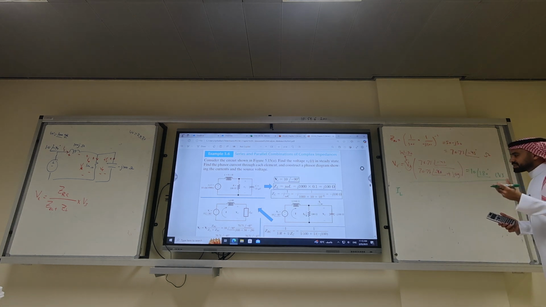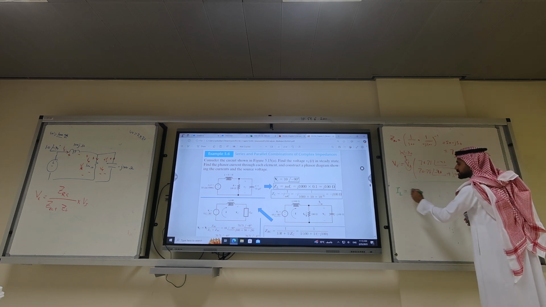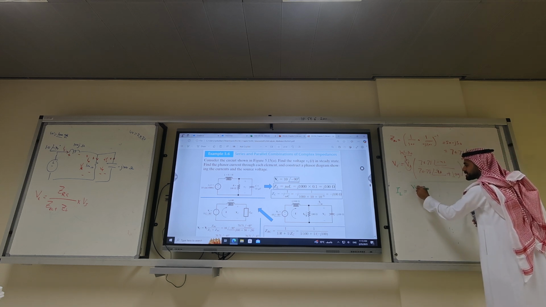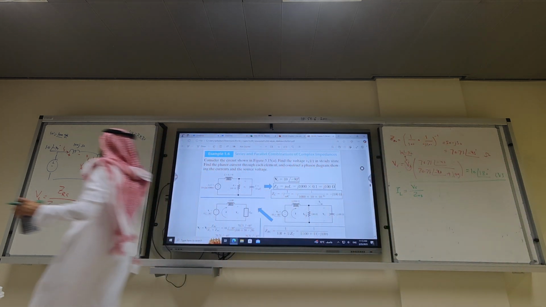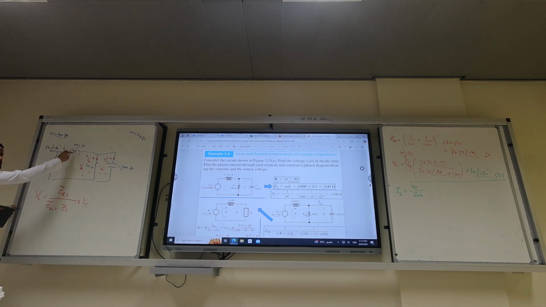Well, to calculate I sub L, it's very simple: it is Vs over Z equivalent. Because if you calculate the parallel combination, add it in series with that, and divide Vs over the whole Z equivalent, you get IL, which we also call Is.